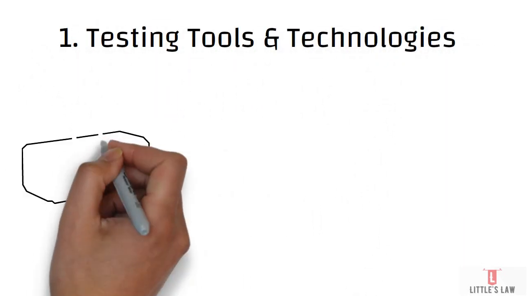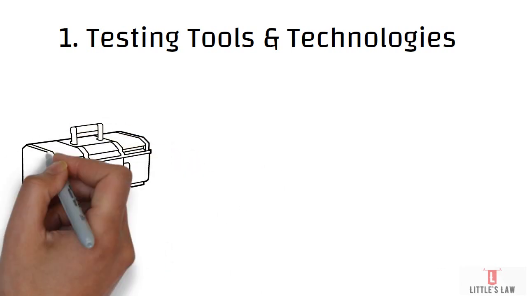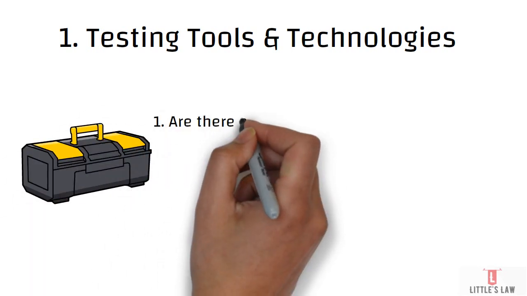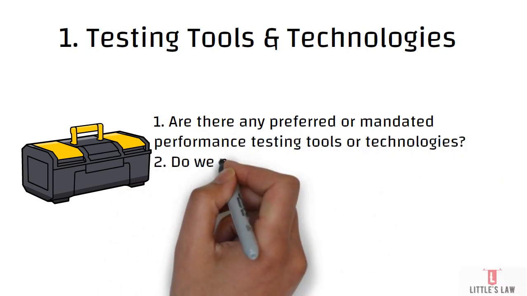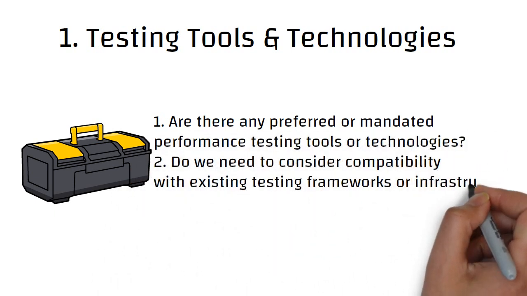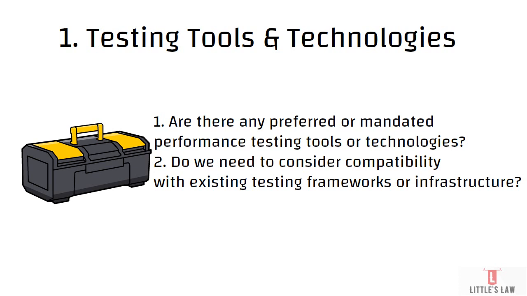So, the first question in part 2 is the testing tools and techniques. You can ask the stakeholders whether the project or the team has any specific preferred or mandatory performance testing tools or technologies that have to be followed. Check with them and make note of those tools that have to be part of the testing. Also check whether there are any compatible existing frameworks that have to be included as part of the testing.